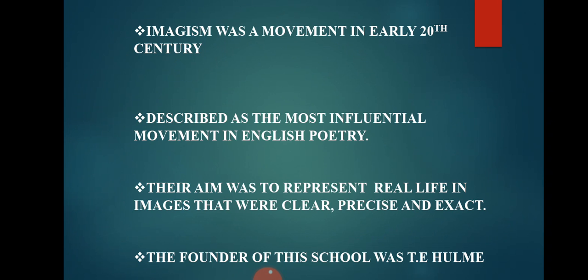When we consider the basic motif behind the Imagist poets, their aim was to represent real life in images that were clear, precise, and exact. In other words, they conveyed the reality of life through clear-cut images.